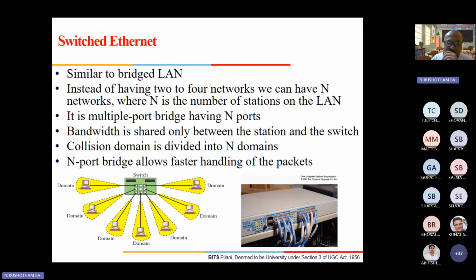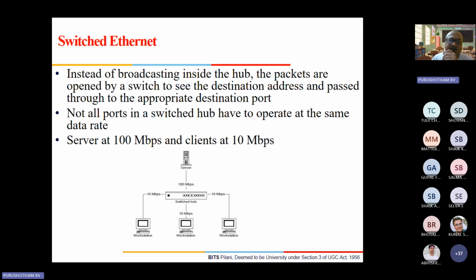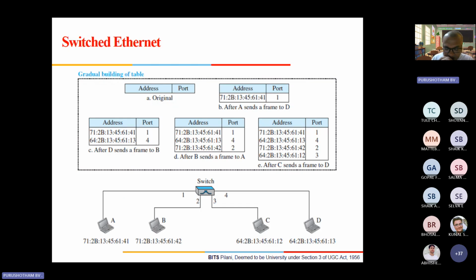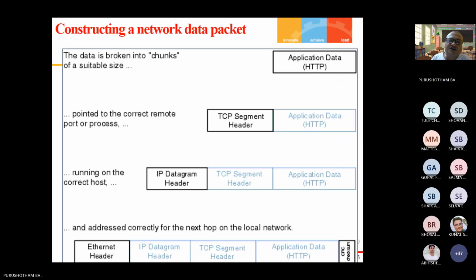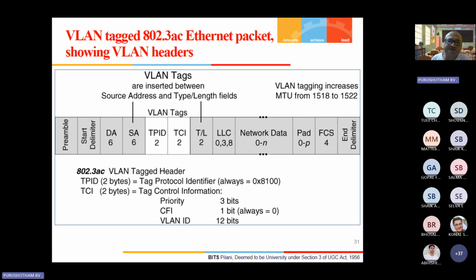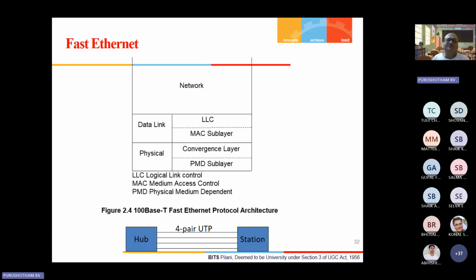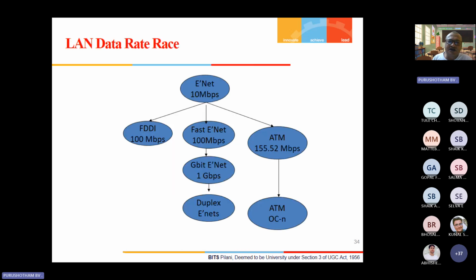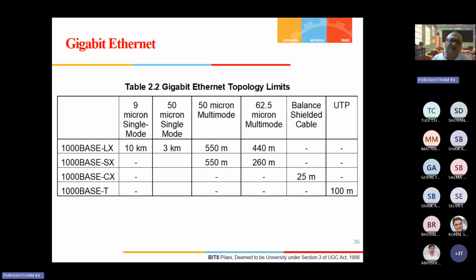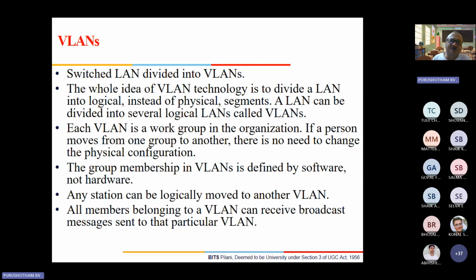Then we also looked at bridged Ethernet and switched Ethernets, where multiple things can be connected through the switches and the bridges. Then we talked about the virtual LAN and then the fast Ethernet. So various data rates in the LAN, like gigabit Ethernets, etc.